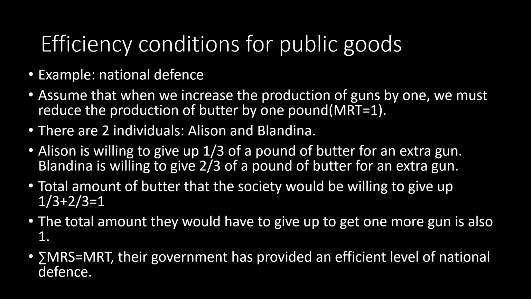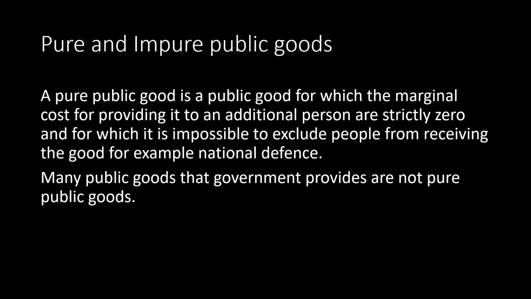If you total them up, you get 1. 1 is our MRT. So the total amount they would have to give up to get one more gun is 1. And for Pareto efficiency, the sum of MRS equals MRT, so the government has provided an efficient level of national defense.